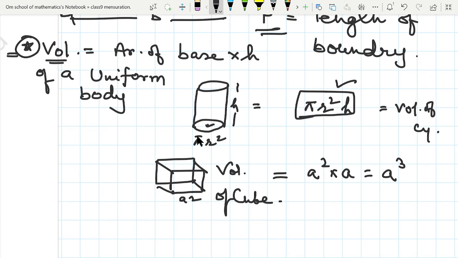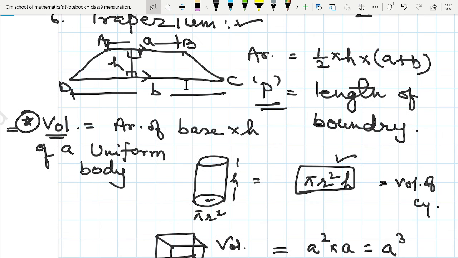It has all three sides of different length, L, B and H, and its base is a rectangle. So if you multiply it with height, this will be the volume of the cuboid. Got it? So this formula helps you in finding the volume of all bodies like cylinder, cube, cuboid.